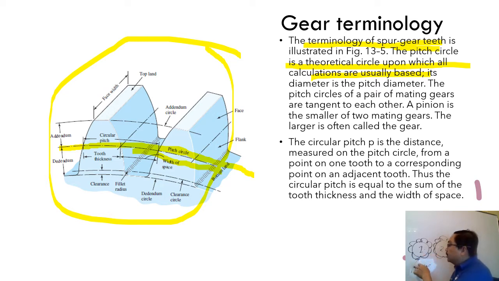Because gear 1 is moving gear 2, gear 1 is called the pinion, because anything that moves another is called a pinion. If I place the motor on gear 2, and gear 2 is moving gear 1, then gear 2 is the pinion.